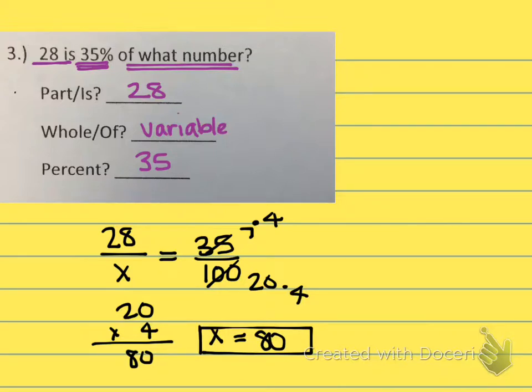I simplified this ratio. Remember, I've been saying that from the beginning, if that makes it easier. I couldn't get 35 to 28 without doing a decimal, so I said 35 divided by 5 is 7. 100 divided by 5 is 20. And then I said, how do I get 7 to 28? And that's by multiplying by 4.